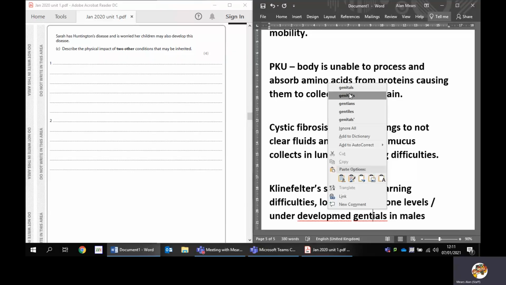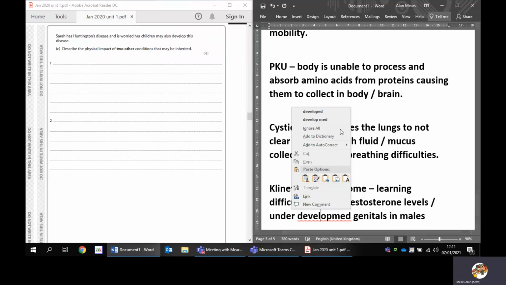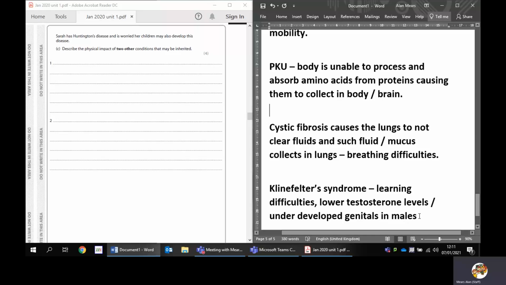Men who have Klinefelter syndrome, their testes and genitals don't develop properly during puberty because of low levels of testosterone and issues in the body. They are likely to have learning difficulties. Other hormones have an impact, so they're more likely to have fatty deposits appear in different parts of the body. So it's one that's worth looking at, but as I say, it's an inherited condition.